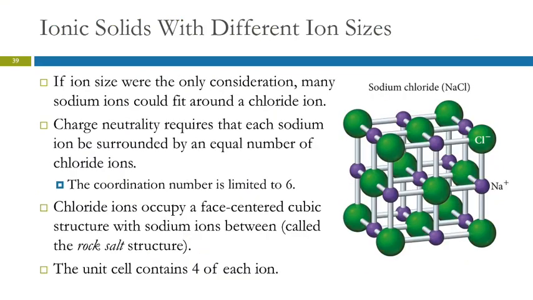You look at this rock salt structure, and this is definitely a cubic unit cell. Have you ever looked at salt grains? Are they tiny cubes? They're little tiny cubes, right? This is why. It's because of how the ions arrange themselves to have the lowest potential energy.